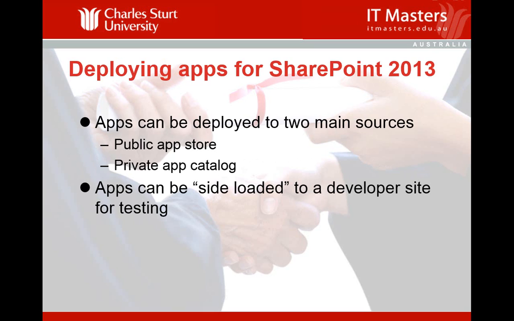So, deploying apps for SharePoint 2013, we've got a couple of options depending on where we're going to be deploying to. The first one, as I've mentioned before, is the public App Store. There is a whole process and checklist, and I actually published the link for it into the portal earlier, of the validation checklist that you need to go through when you submit your app.